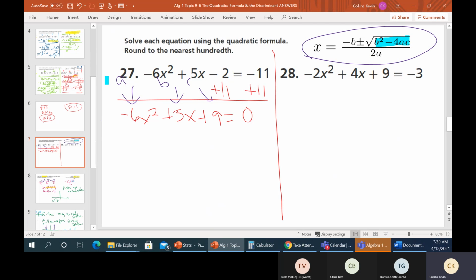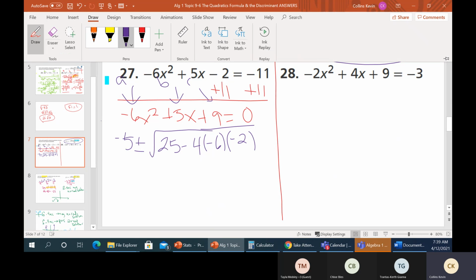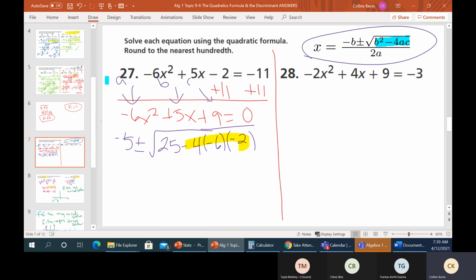So minus B this time is going to be -5, plus or minus, then we've got 5 squared, so 5 times 5, 25, and then minus 4 times A, which is -6, times C, which is 9. Okay, lots of negatives here. So again, let's start with these 3 guys right here.